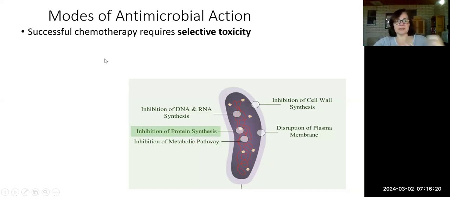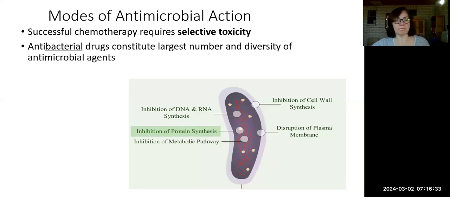All right, so as I've mentioned, this idea of selective toxicity is a drug that's going to be more harmful to the microbe than it is to the host, and the vast majority of the drugs, chemotherapy agents against microbes, are actually just antibacterial.